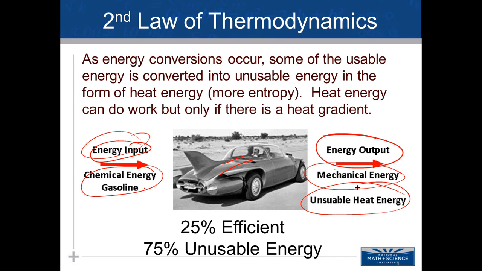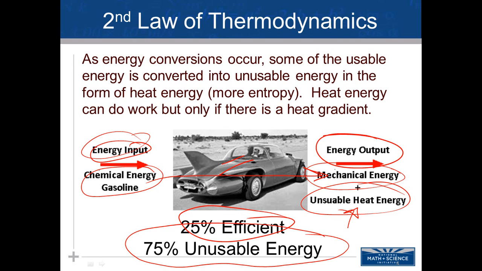But yet, when we look at usable energy, not all of it gets converted into mechanical energy because we have the heat energy being produced. In fact, only 25% of the chemical energy found in the gasoline is actually going to be used to move the car. The rest of it gets converted into unusable energy.